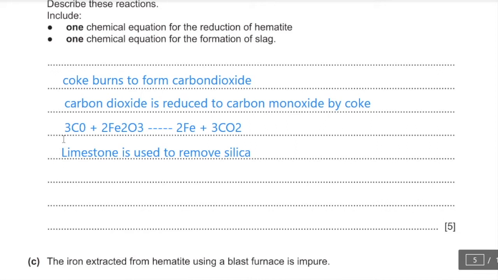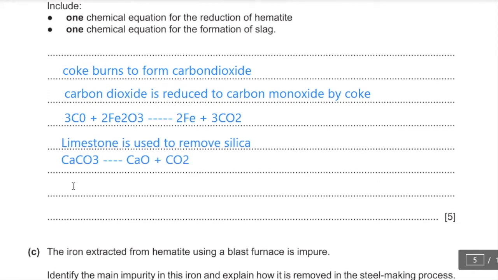And now I'll write the equation for this step. So it breaks down to calcium oxide or lime as well as carbon dioxide. And then the last step is that this lime product over here reacts with the impurities to form this slag.